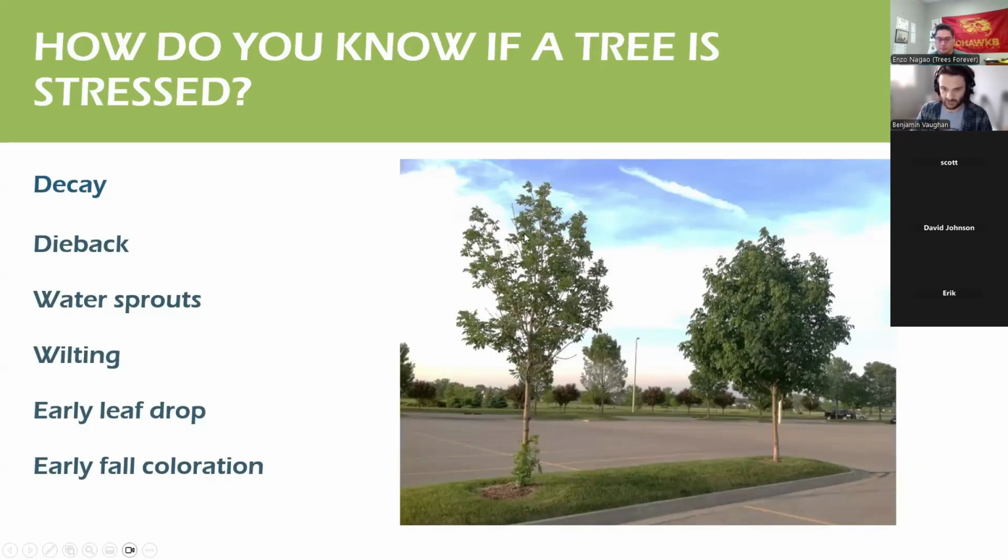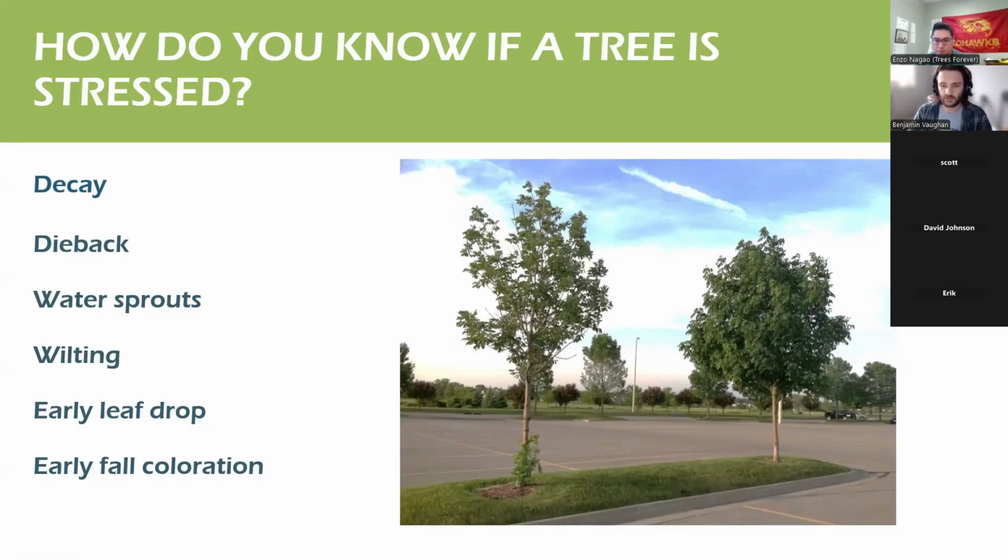That means they're probably dead, and the tree is stressed and compensating by choosing some branches to no longer support, or their root system is somehow damaged in a way that they can't support these branches anymore, or along the trunk, any of these things. So a lot of different things can contribute to tree stress, but that's one of the main symptoms.